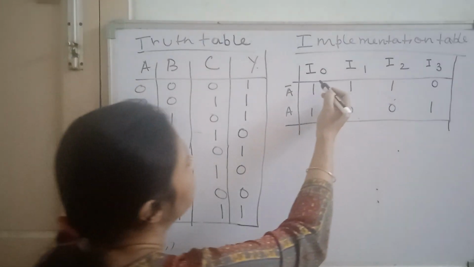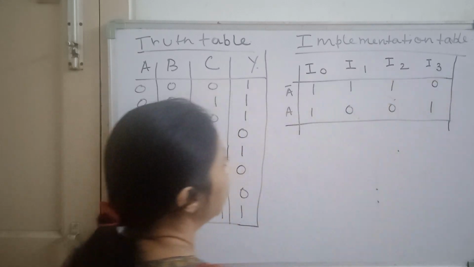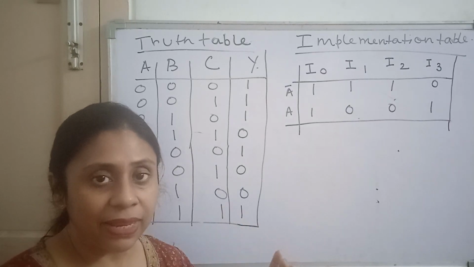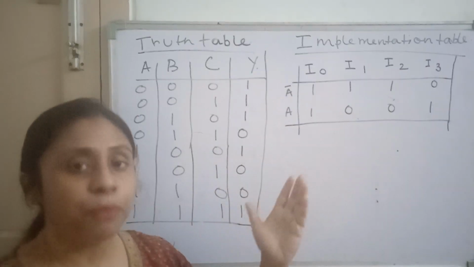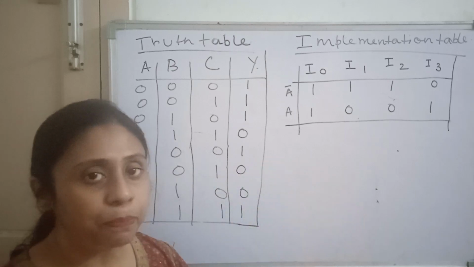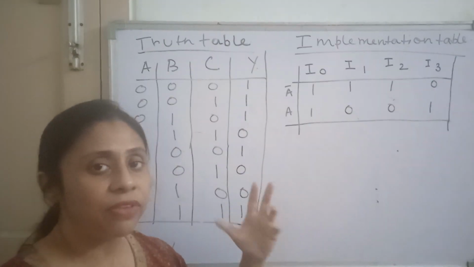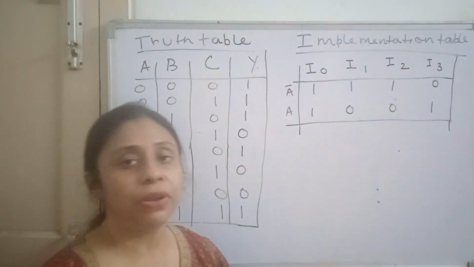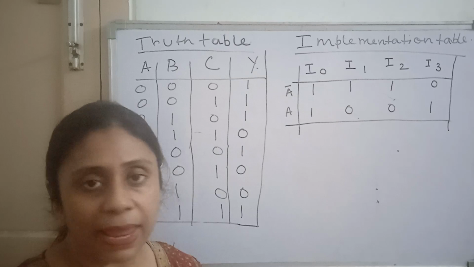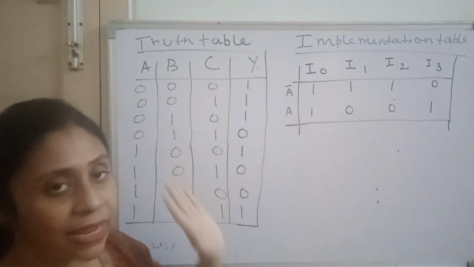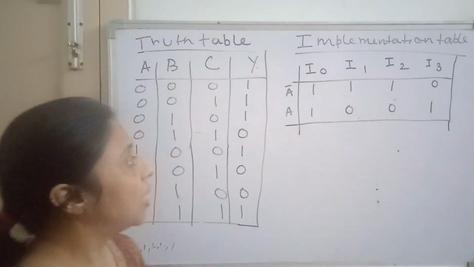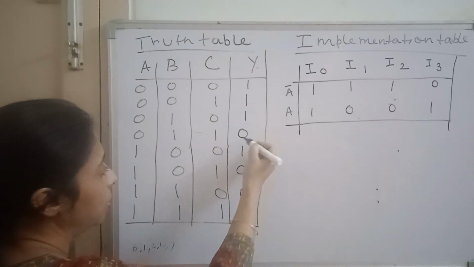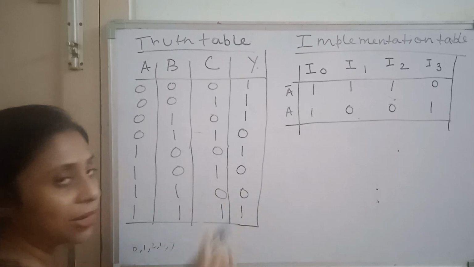There are 4 inputs, I0, I1, I2, I3, and I have chosen the MSB variable A as the variable at the input line. That is how I will design the implementation table. A means there are 2 possible values, A bar and A. Now, what are the outputs? 1, 1, 1, 0, 1, 0, 0, 1.